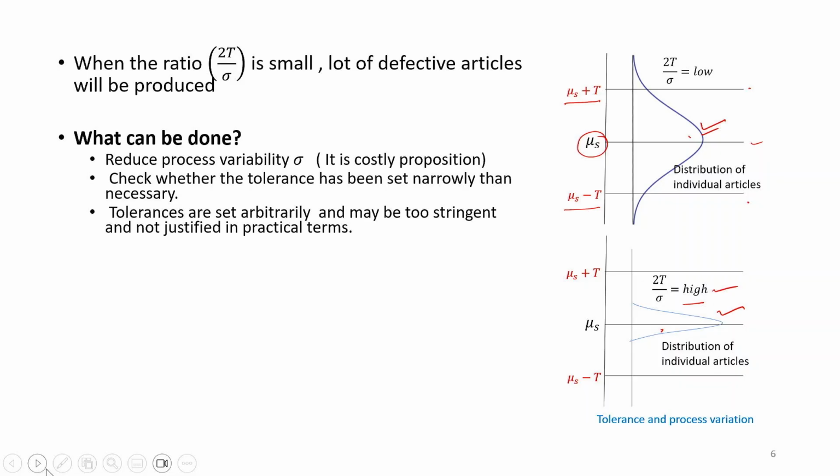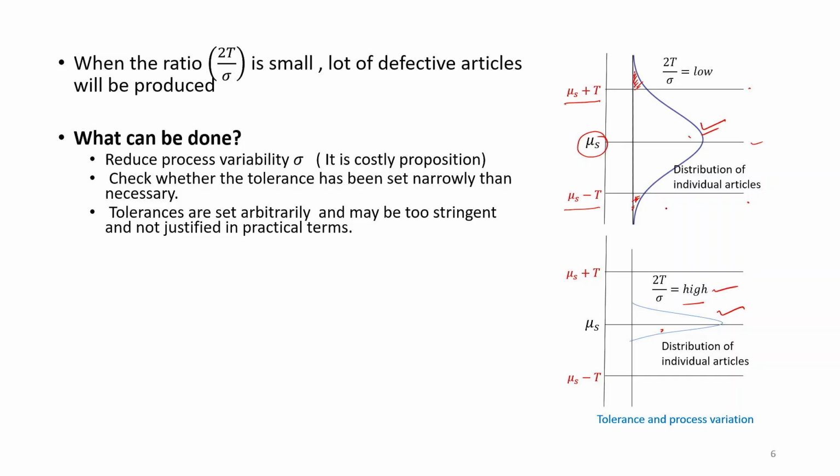Now, what can be done? Reduce process variability. If this curve looks like this, we can say that here is a region where some articles' values can fall.